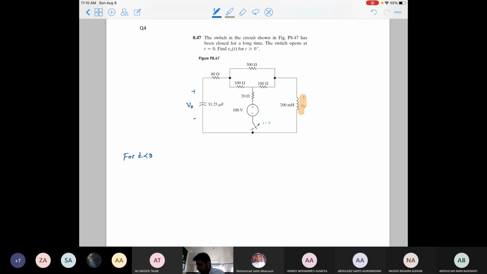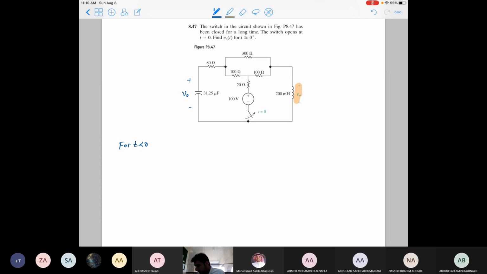For t less than 0, the switch is closed, the capacitor behaves like an open circuit, and the inductor behaves like a short circuit.